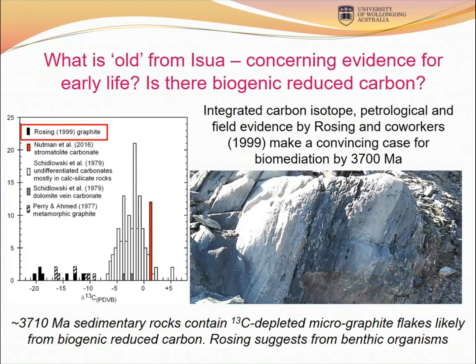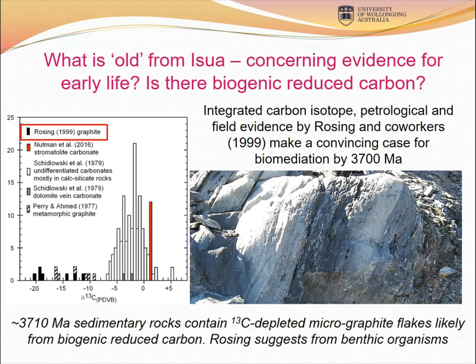So the oldest evidence for life coming from Isua is from carbon isotopes. This here shows an outcrop of approximately 3,700 million-year-old metaturbidites derived from andesitic sources. And within these turbidites, you've got flakes of graphite. And these graphites have extremely isotopically light carbon.